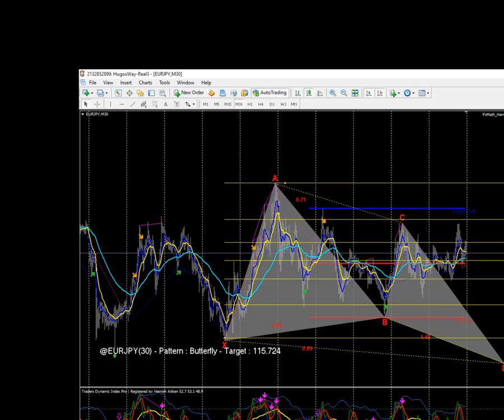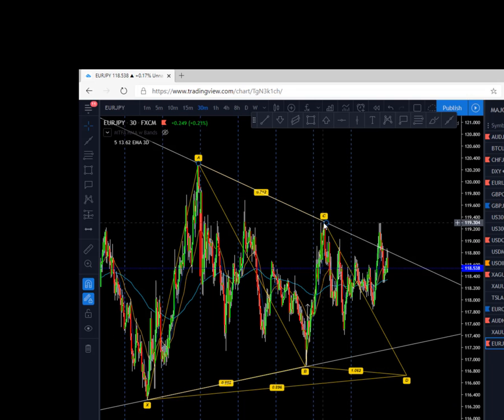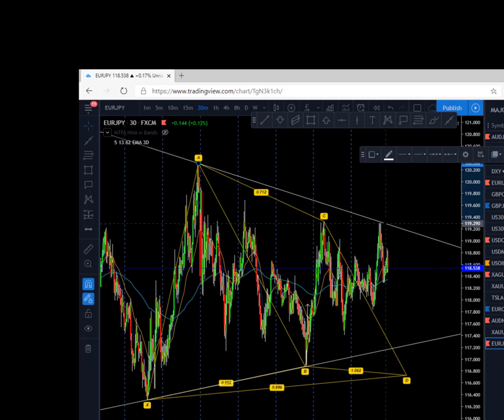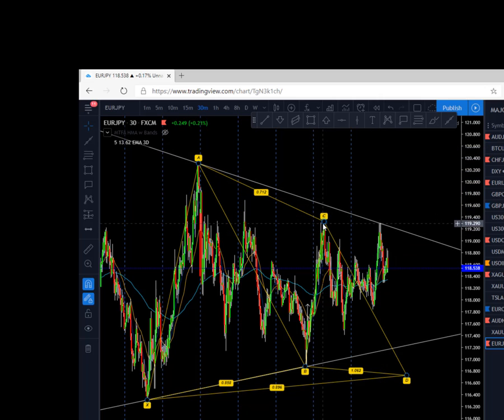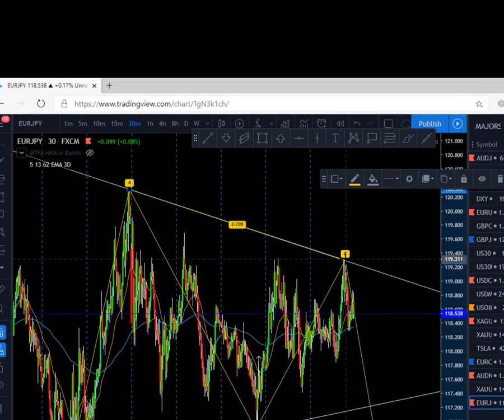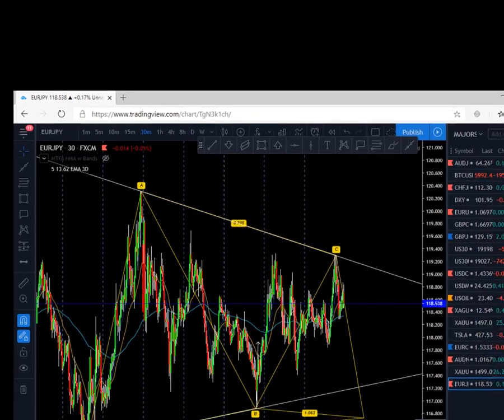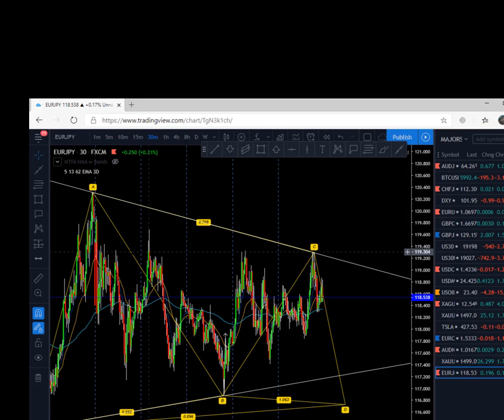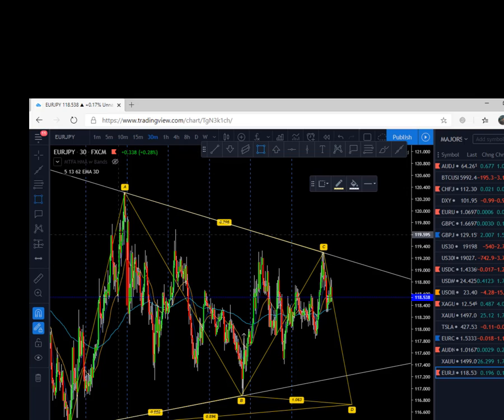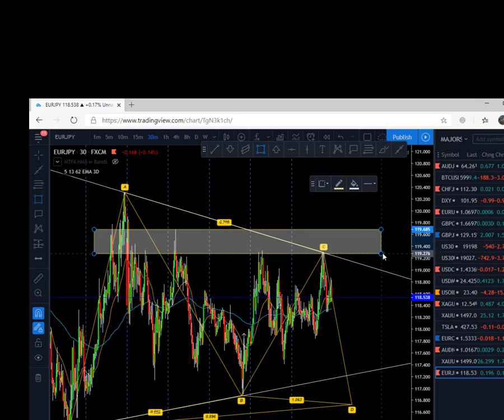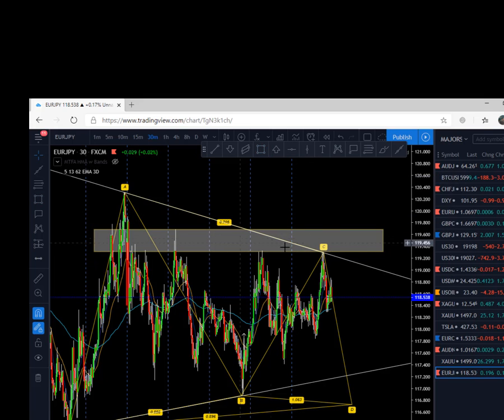Although the scanner identified this at the C point, I like this kind of formation better. So I'm gonna adjust my C point and my trend line. As you can see, this zone is very strong for resistance. It's a good supply zone.